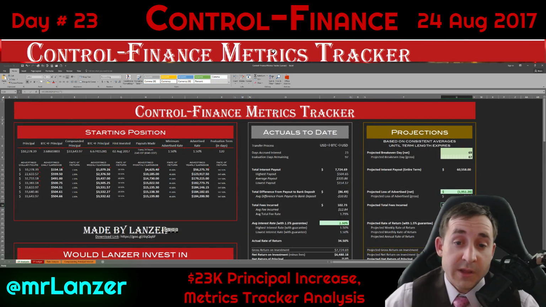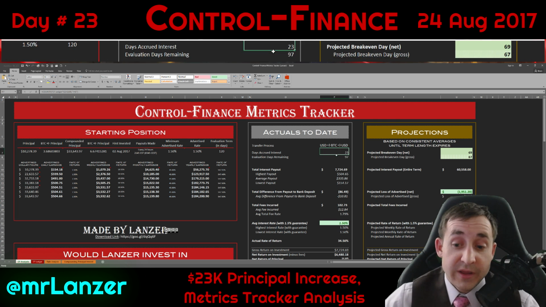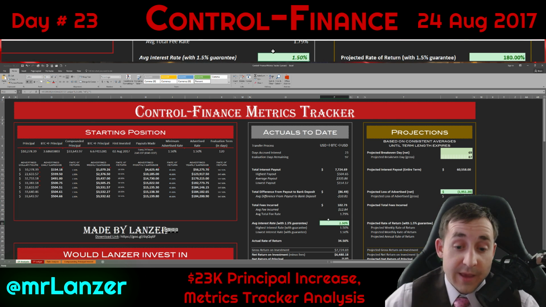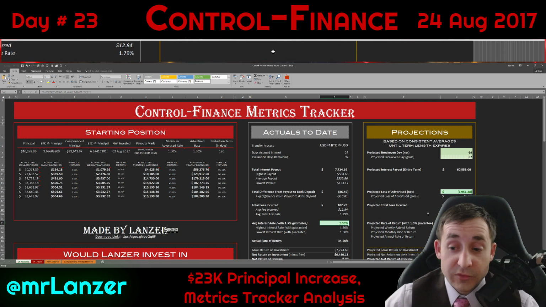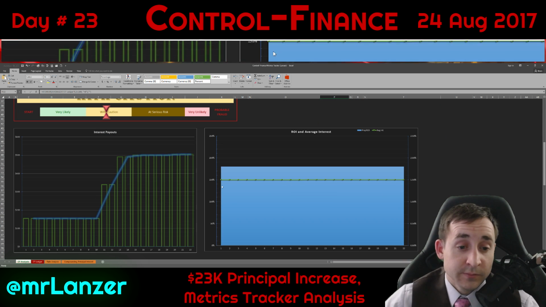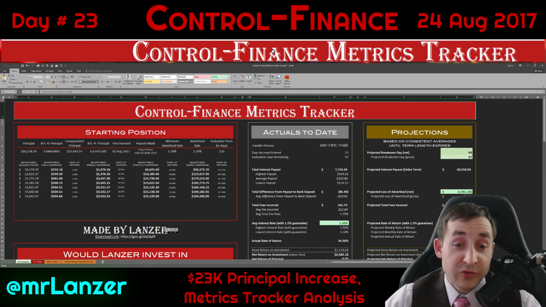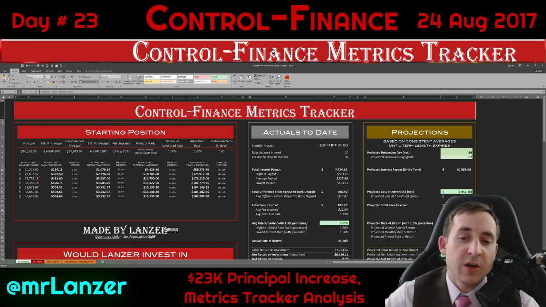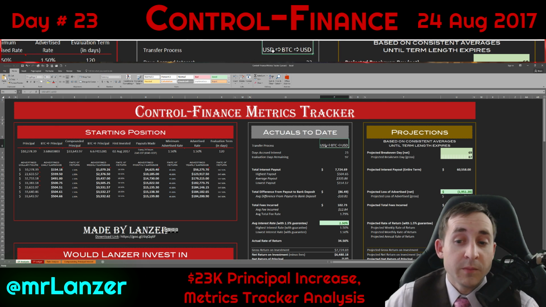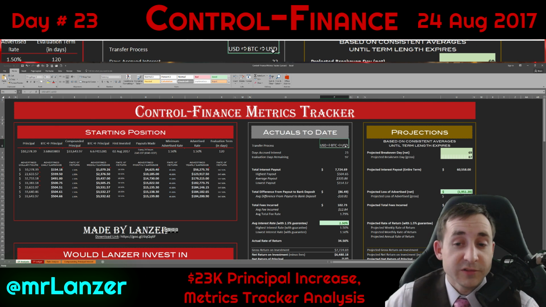As you can see, after 23 days, the average interest rate and the return on investment haven't budged. It's been very consistent. This investment crypto opportunity so far has been consistent in its payouts, but a little bit inconsistent in the process of transferring from dollars back into dollars.